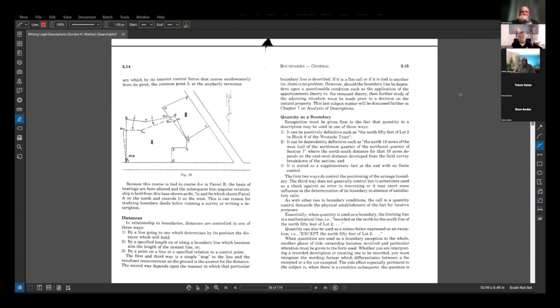They show pure intent. And the intent is superior to the bearings and distances. Intent is superior to everything. So let's take a look at that intent.